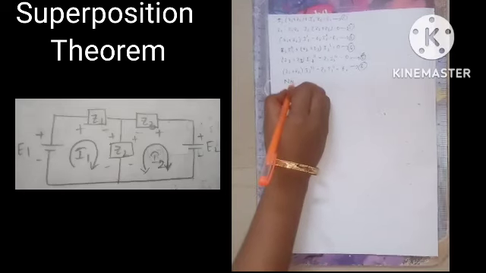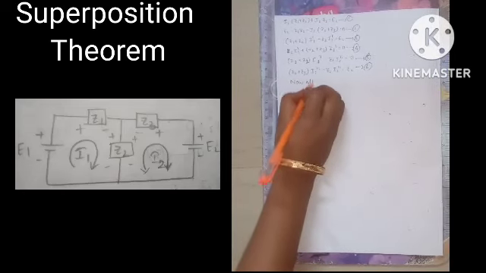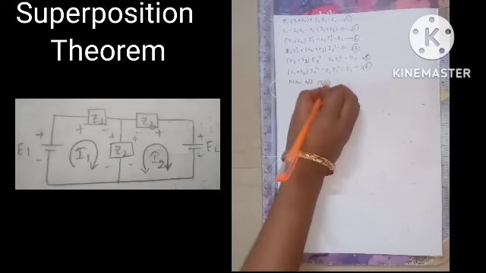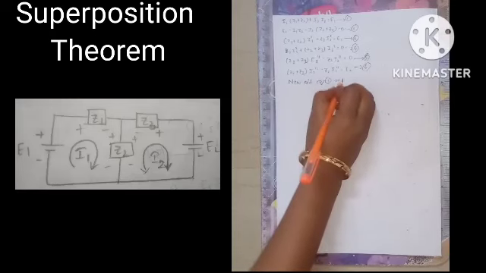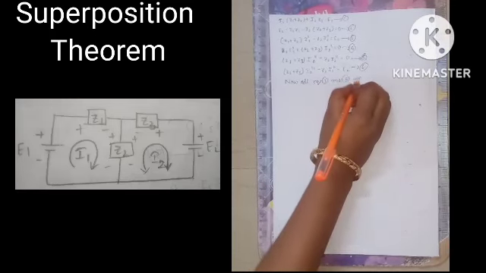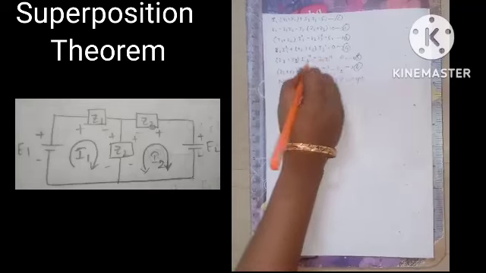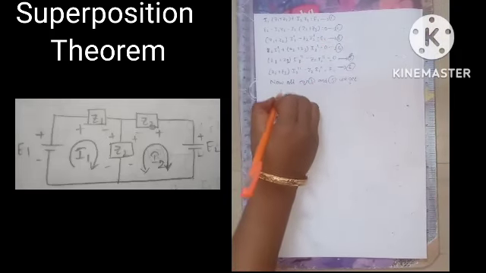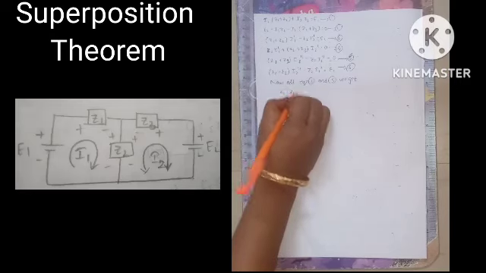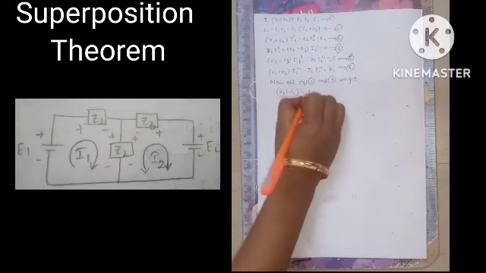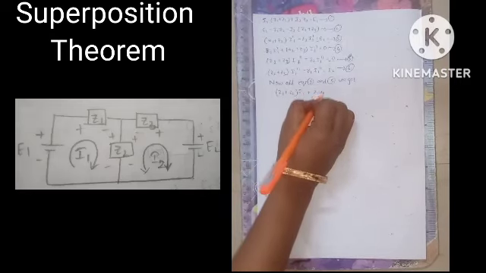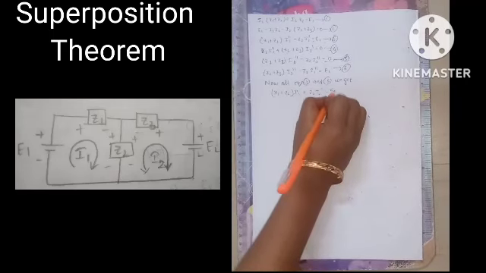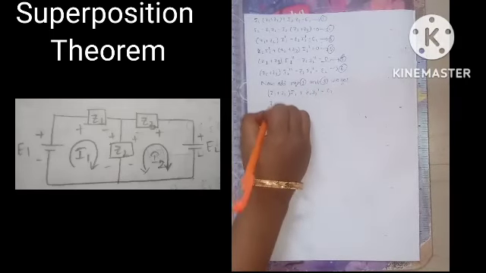Now add equations 3 and 5. This is equation 3 and this is equation 5. (Z1 plus Z2) I1 dash plus Z2 I2 dash is equal to E1.